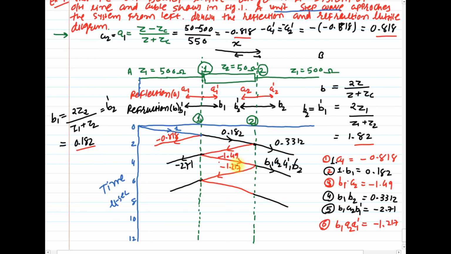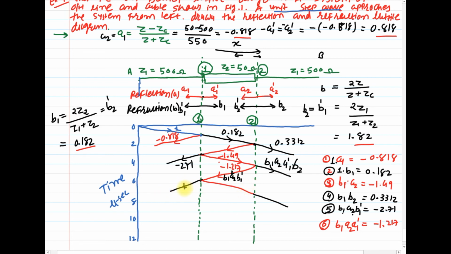Same way over here you will get the next answer. From this reflection you will get the B1 A2 B1 dash into reflection, which is A2, reflection at the right hand side from the junction 2, which is A2. So I will write over here A2 square.